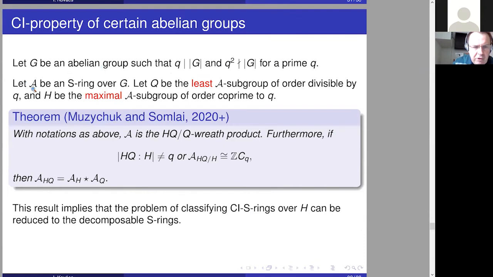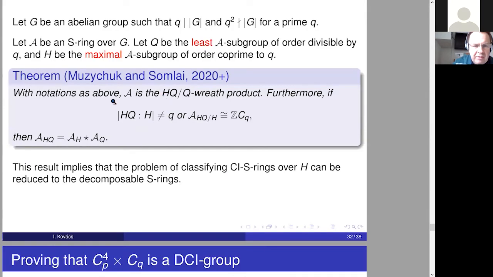And whenever you have an S-ring over G, you can define two A-subgroups. L is the least A-subgroup of order divisible by Q, and H is the maximal A-subgroup of order coprime to Q. So whenever you have this S-ring, the following theorem is true. In this notation, A can be written as an H-Q by Q generalized wreath product.